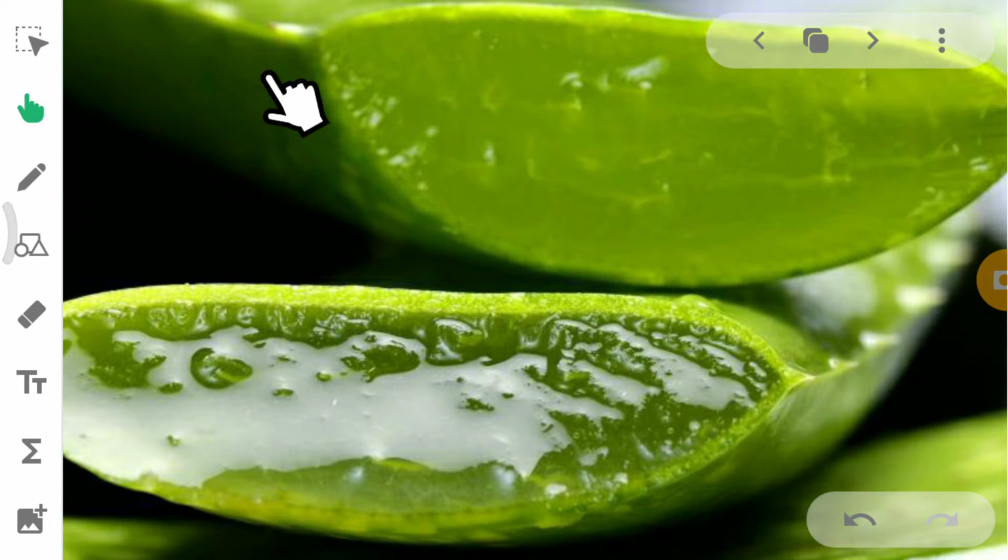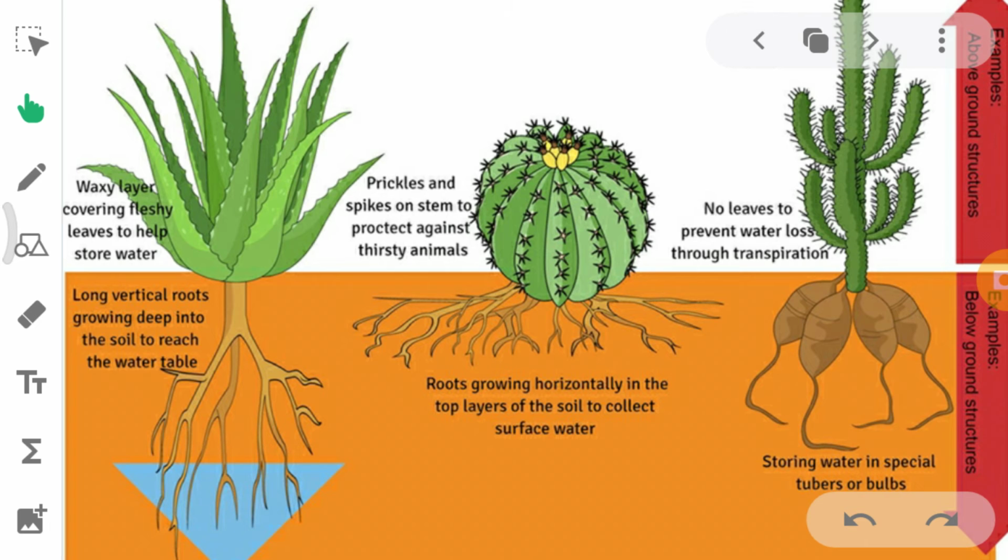Usually stems have leaves. So you can see here, these tiny spines are the leaves. The leaves have modified into these tiny spines, and these long green strands or broad structures are the stems of this aloe vera plant.